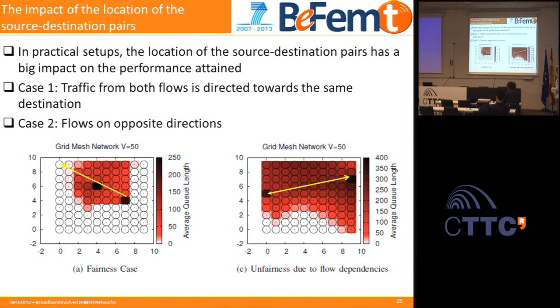But in this case, in which we have bidirectional traffic, packets from one flow are fighting with packets from the other flow to reach their intended destination, because traffic injected from this node is trying to reach this node, which is also injecting packets. So we have contention between packets that makes it difficult to reach their respective destinations.